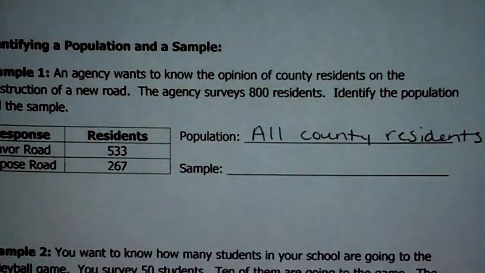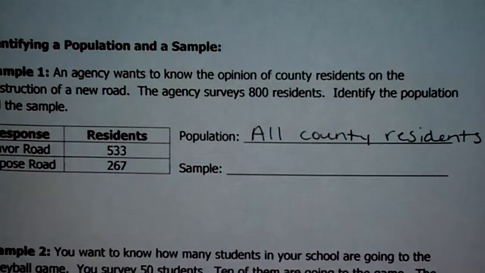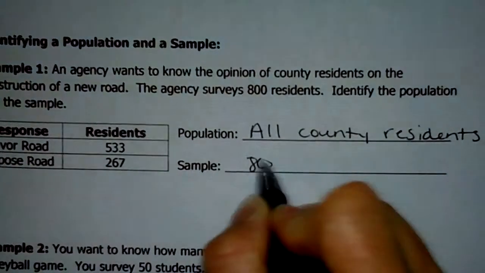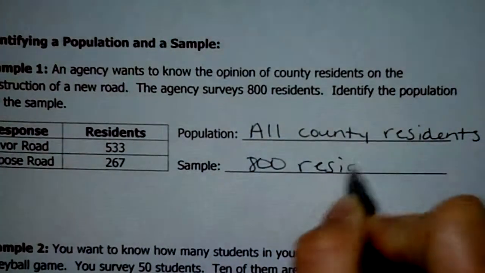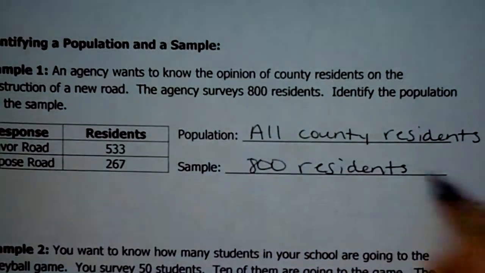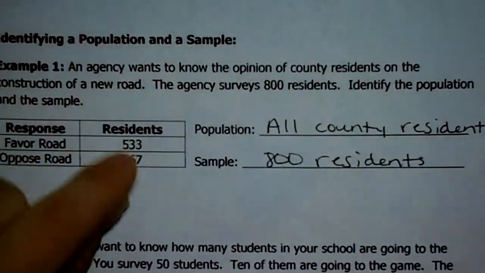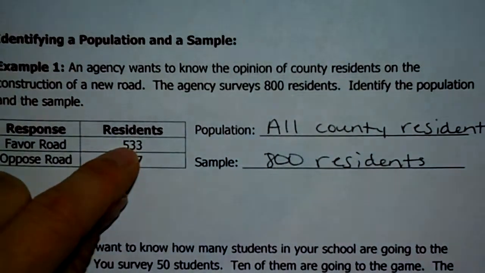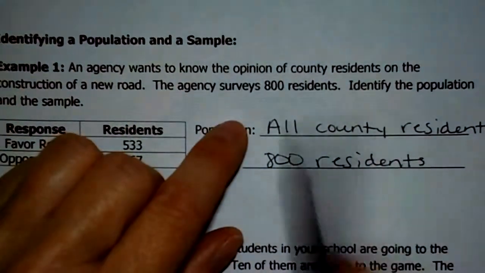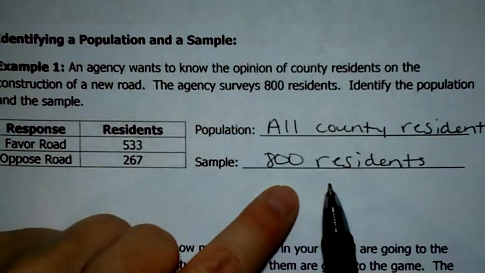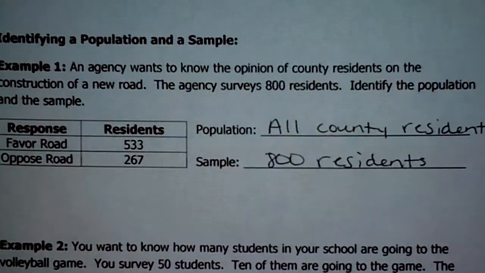The sample that they chose, they interviewed 800 of the residents. So the sample would be the 800 residents. If I'm asking you what the population is and what the sample is, I'm not really asking you for specific data values here. This just shows the results of it. I'm asking you, what is this out of, and what's the small piece of that? So hopefully that makes sense.